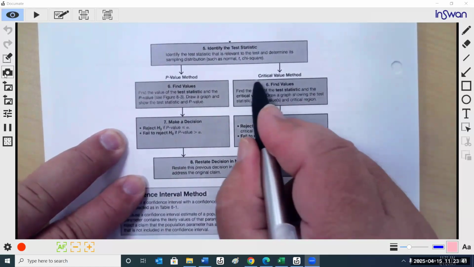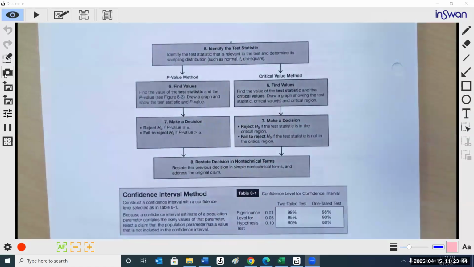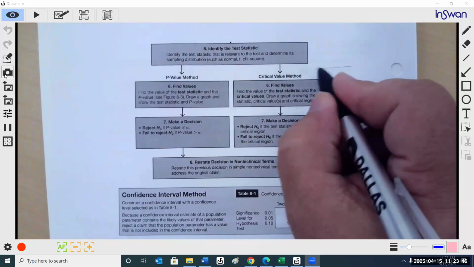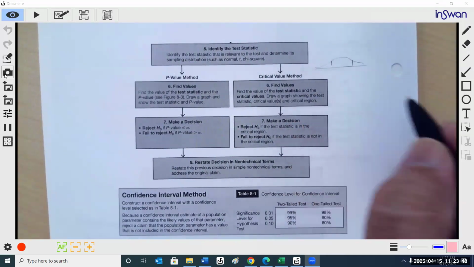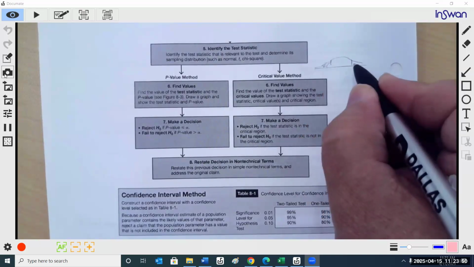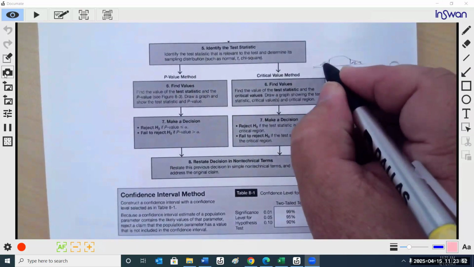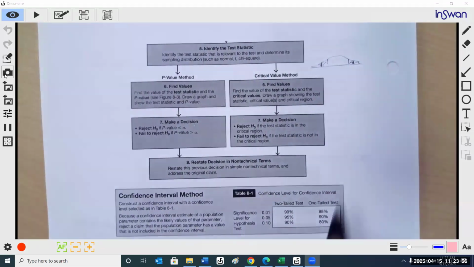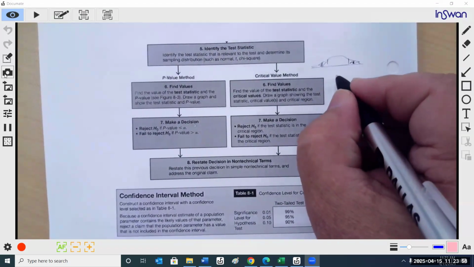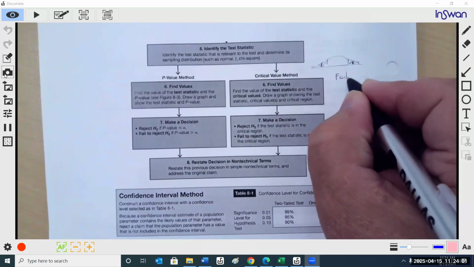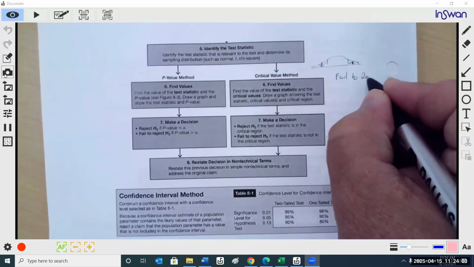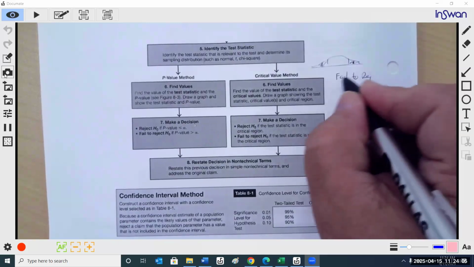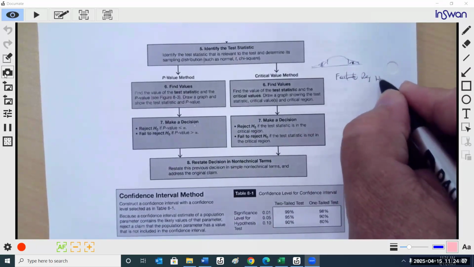And on the other side is the critical value method. The critical value method is, once we define the two-tail or one-tail test, if our value falls within here or here, then we, no, this is where we reject the null hypothesis.